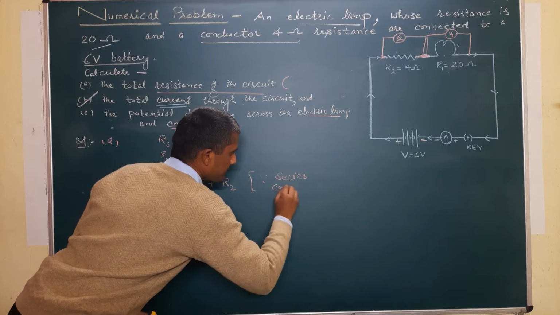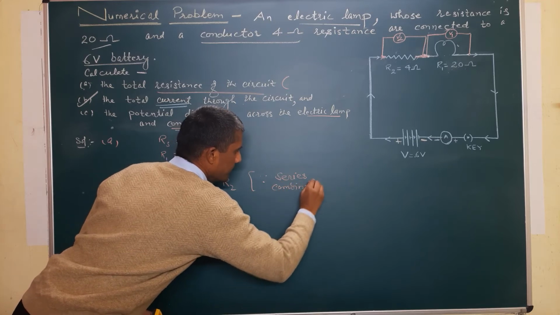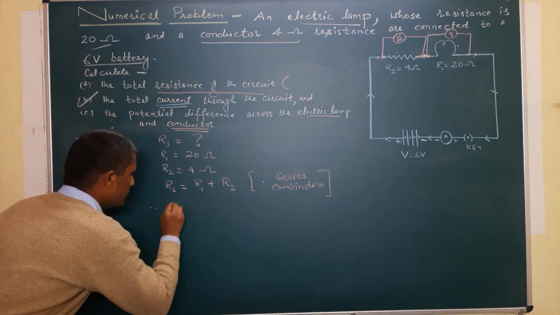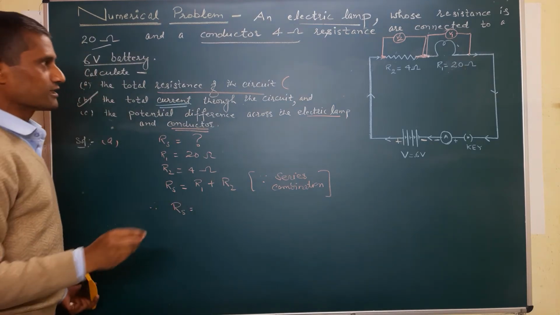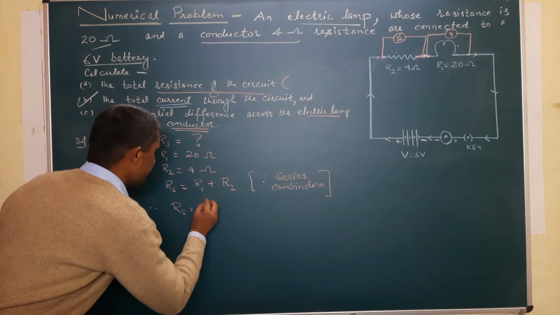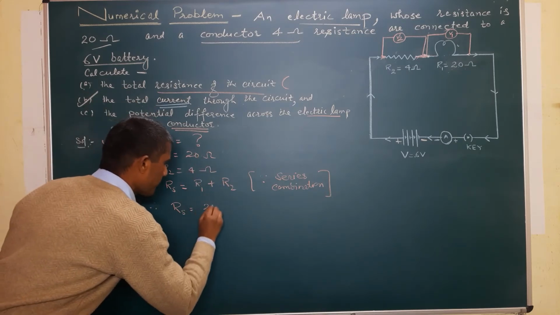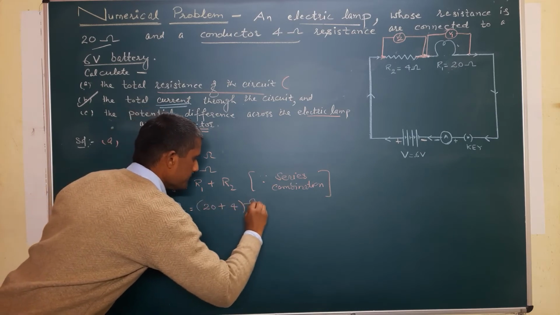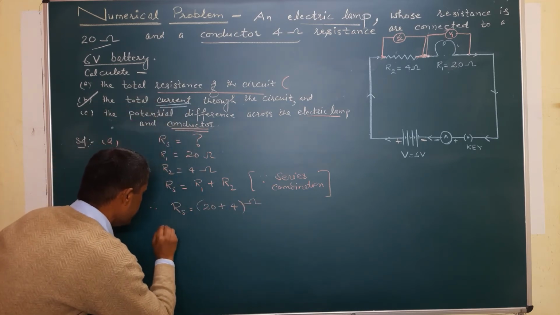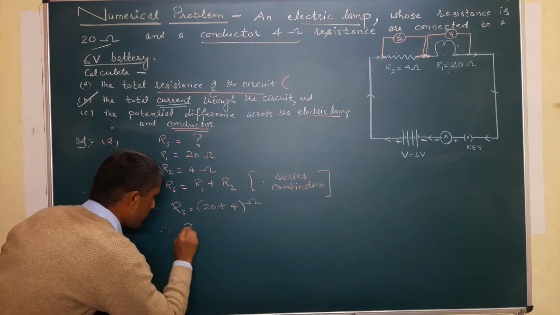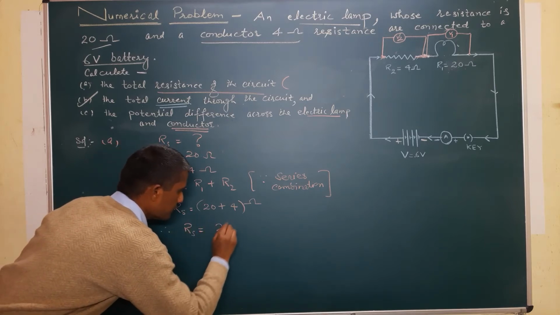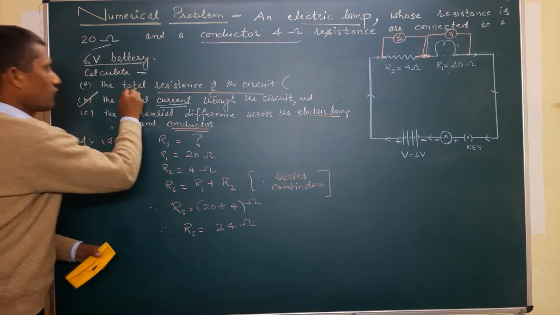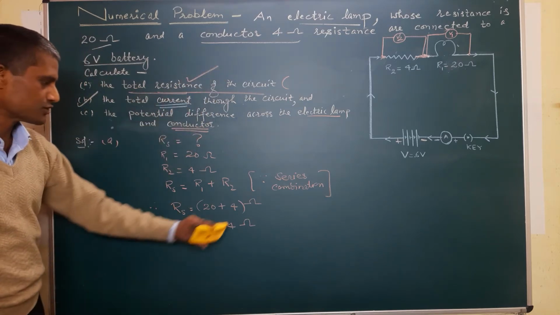You can put the reason behind it: series combination, therefore total resistance RS is equal to R1 plus R2. R1 is 20 and R2 is 4 and it is ohm, and RS is equal to 24 ohm. That's one. First, total resistance we have got, it is 24 ohm.